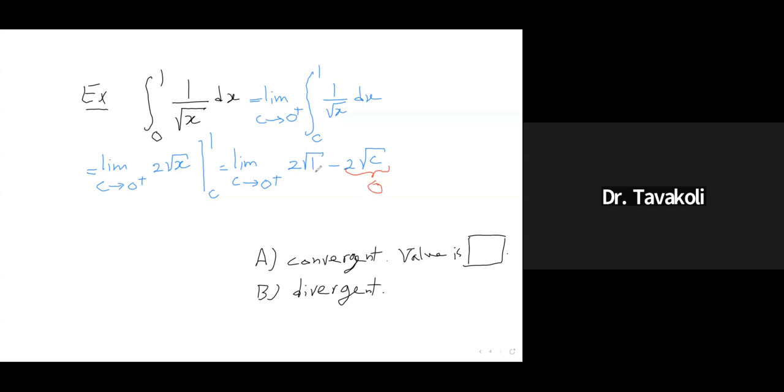But 2 times radical 1 is 2 times 1, which is 2. So I get the value of 2. Therefore, I should enter 2 here. It was a finite number, and the integral is convergent. So in this situation, I have to enter that value because it's a finite value.